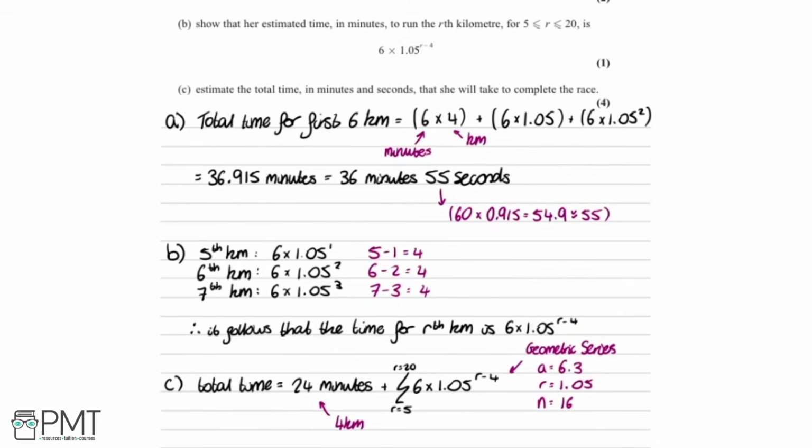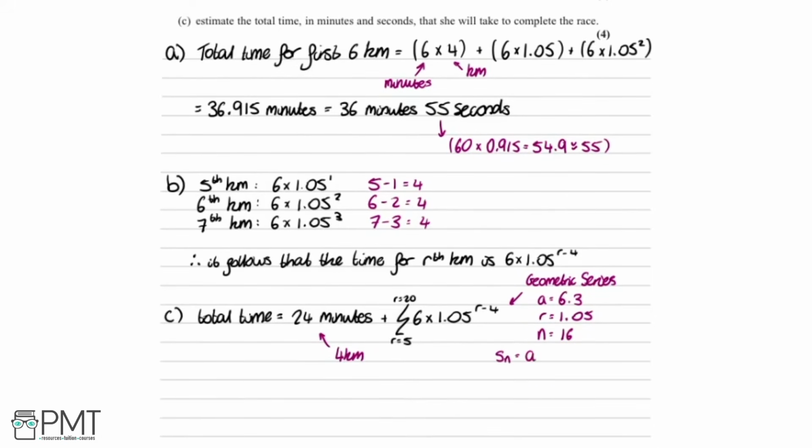And then we can evaluate this using a formula from the formula booklet. It says the sum is a multiplied by 1 minus r to the power of n all over 1 minus r. So doing that, we get that the total time equals 24 minutes plus 6.3 multiplied by 1 minus 1.05 to the power of 16 all over 1 minus 1.05.